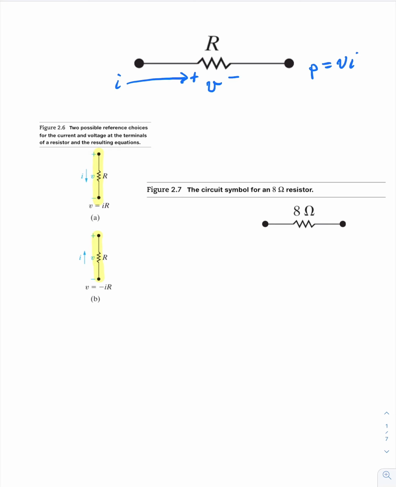After chapter 2, you should not see this format, since that is not the standard, but rather you will see this format. So for example, this 8 ohm resistor, we would assume a voltage drop across, and the current enters the positive terminal and passes through the voltage drop and exits the negative terminal.